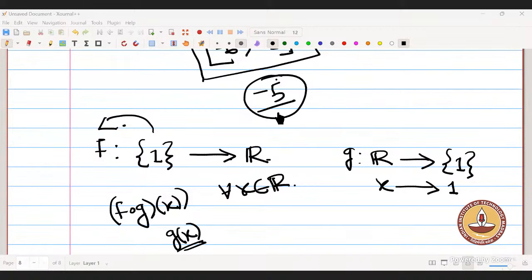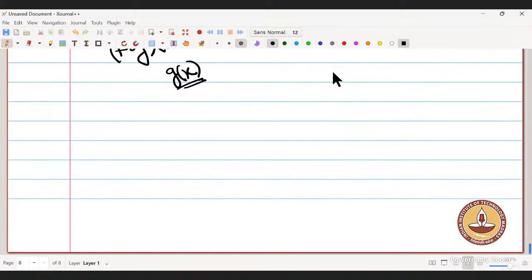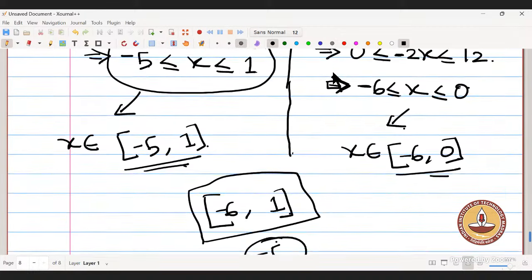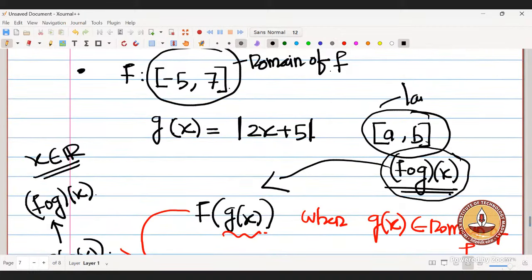So in the question, it's asking what is the maximal possible interval for which this composition makes sense.